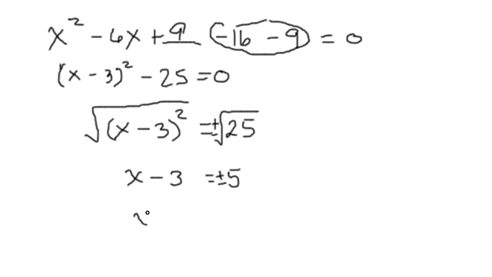And now take this -3 to the other side of the equal sign. So you have plus or minus 5 plus 3. So we have two solutions here. We have x is equal to the plus 5 plus 3, so that gives us an 8.